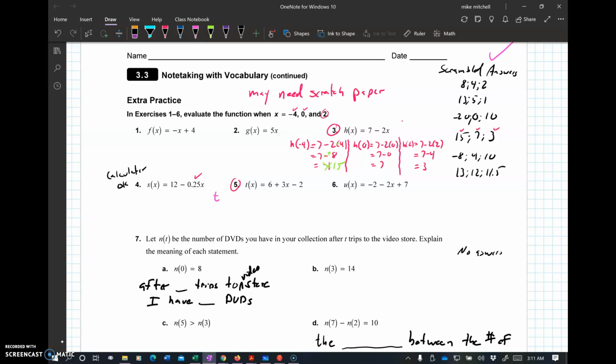We'll start with t of 4, that's going to be 6 plus 3 times 4 minus 2. That's 6 plus 12 minus 2. 18 minus 2, that gives me 16.